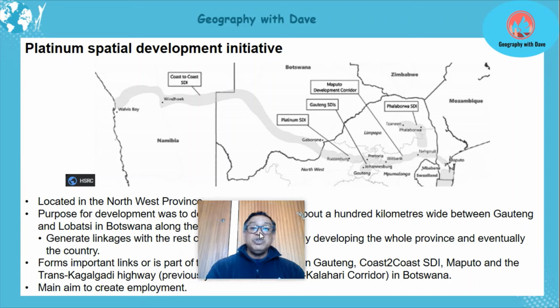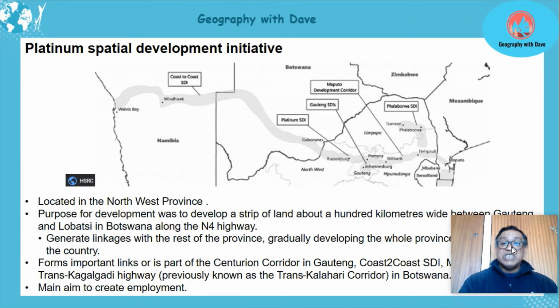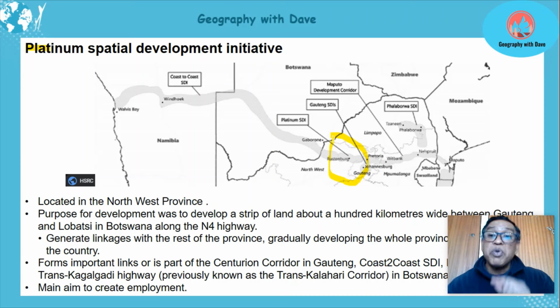Then I told you you need to learn or study two SDIs, Spatial Development Initiatives. And the first one is the Platinum Spatial Development Initiative. Can you see it around here? All right, it's in the Northwest Province. Okay, and you can see it plays a big part.